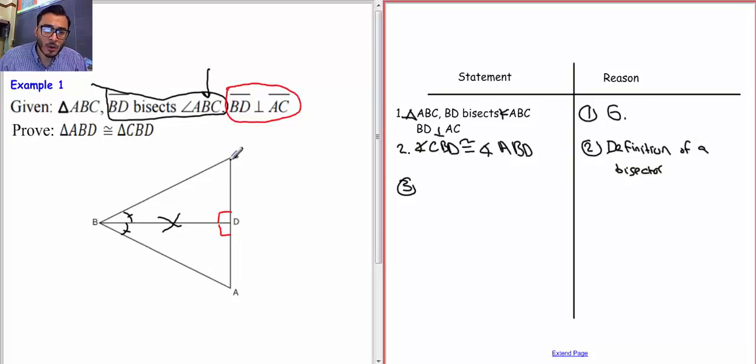Well, we said angle CDB is 90 degrees. And we also said angle ADB is 90 degrees. So angle ADB is 90 degrees.